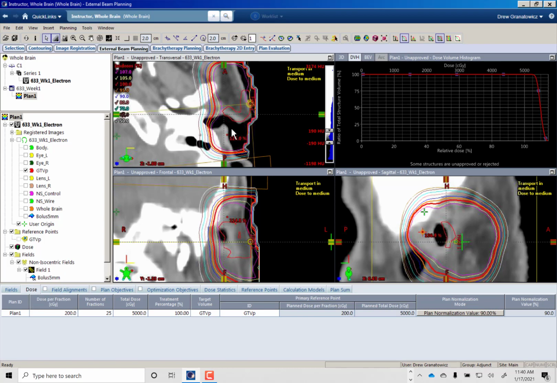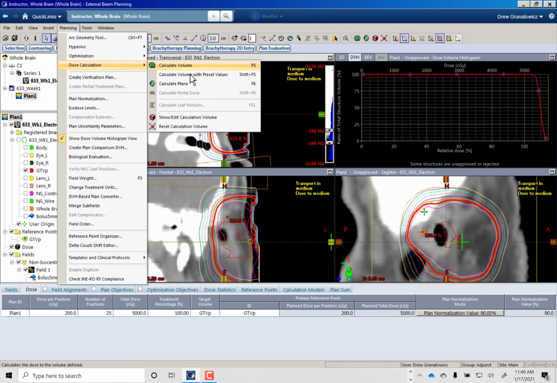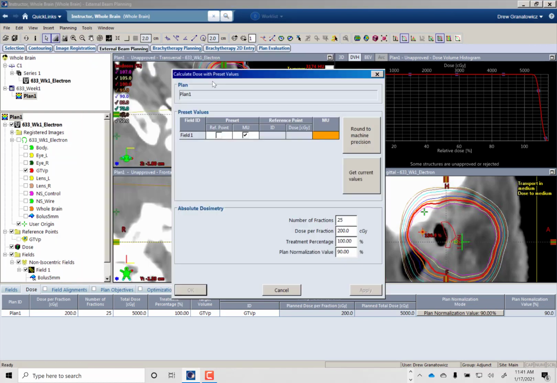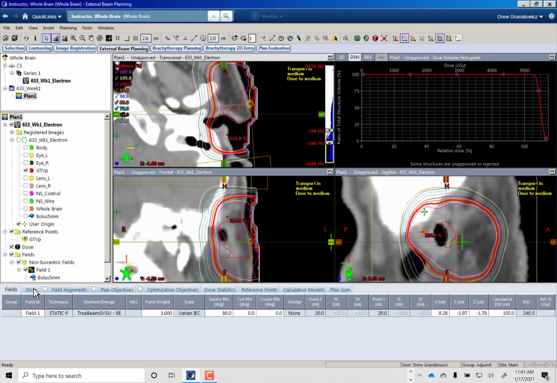We could send this to Radcalc and get what Radcalc would suggest our monitor units be, and we can come up here to dose calculation, calculate volume with preset values, and let's pretend, why don't I have any monitor units?